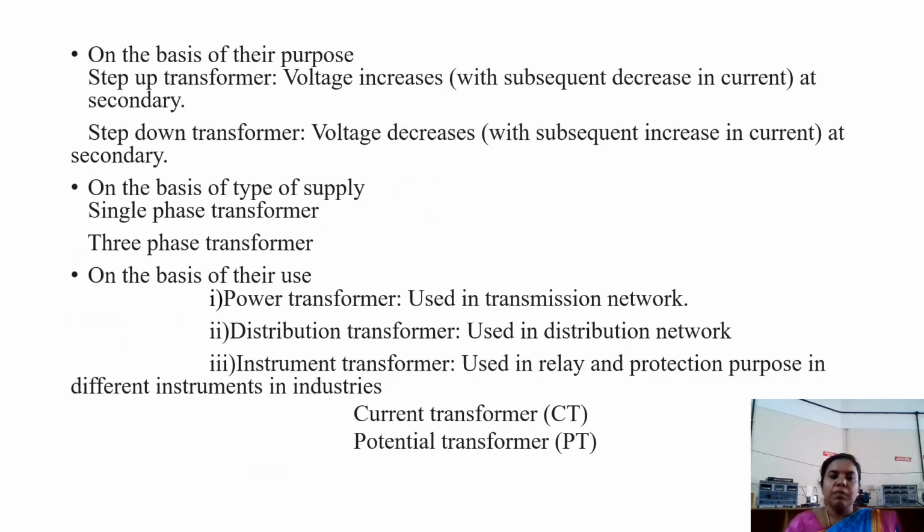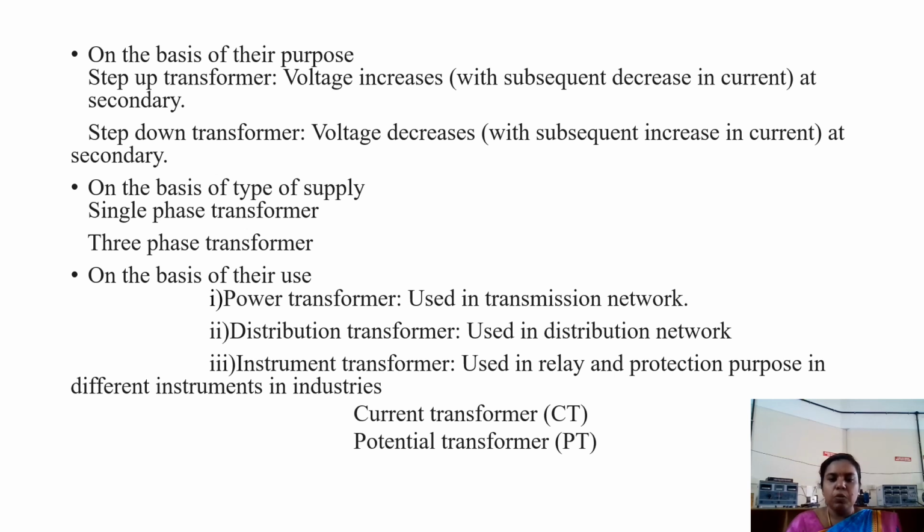The next one, based on their purpose, we classify into step-up transformer and step-down transformer. A step-up transformer gives a boosted or increased voltage as the output, and a step-down gives a decreased voltage as the output. Then based on the supply, we classify into single phase and three phase transformers.